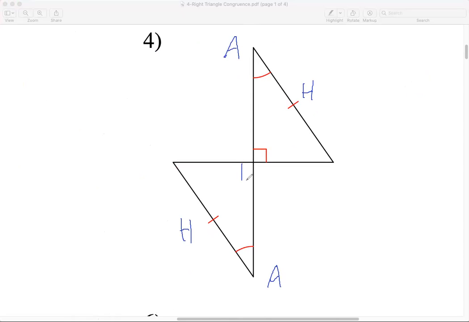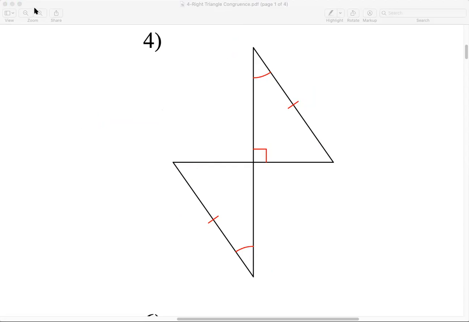And these triangles are right. So therefore, we could use the hypotenuse angle theorem. And the hypotenuse angle theorem is just as good as saying angle, side, angle, right? So these two triangles are congruent, okay?